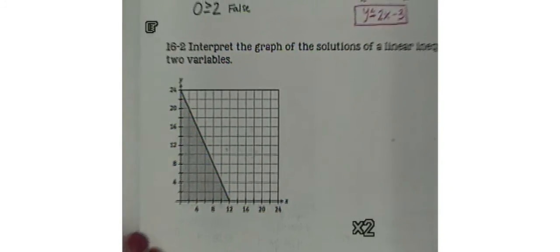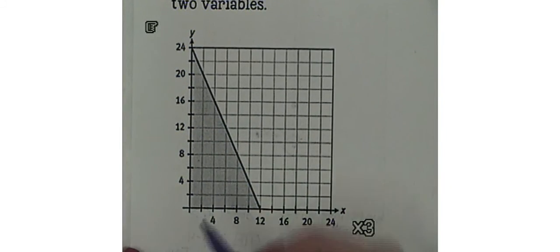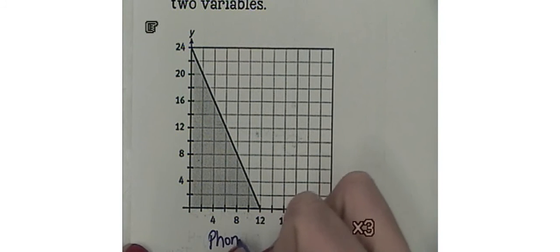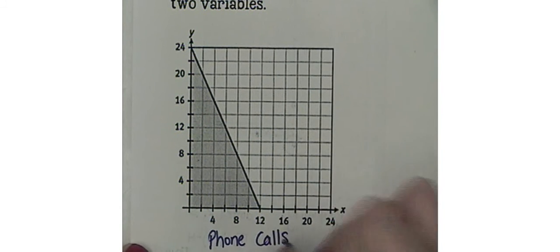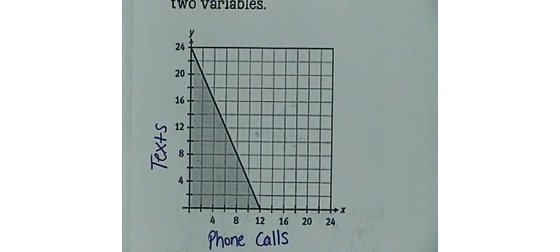Last question. I'm just going to make this one up again. Let's label this phone calls. And label this text. And this says interpret the graph of the solutions.